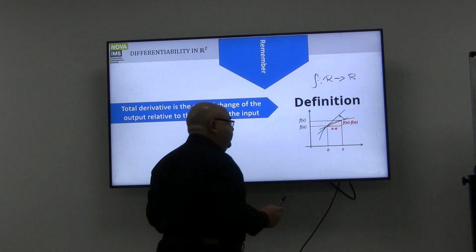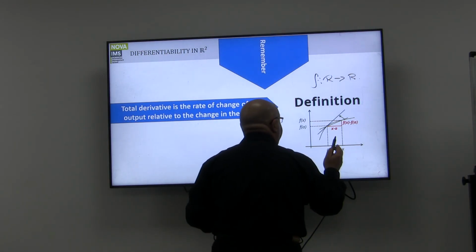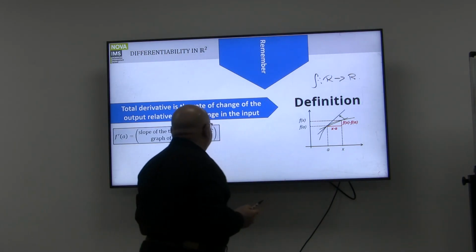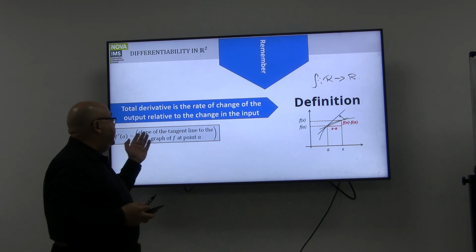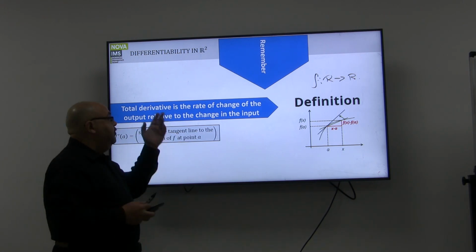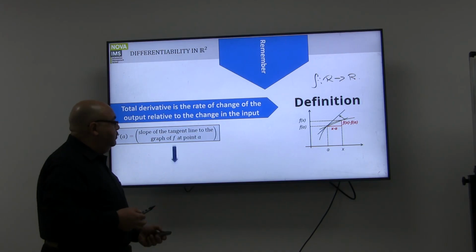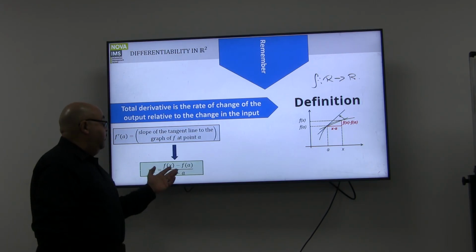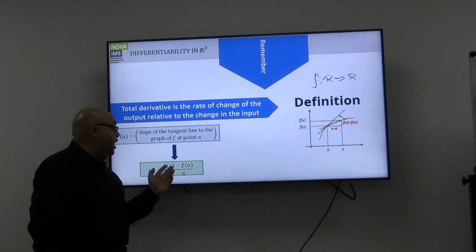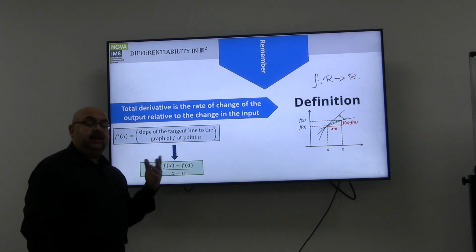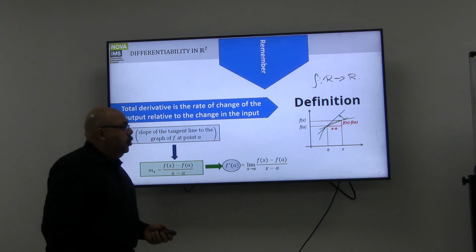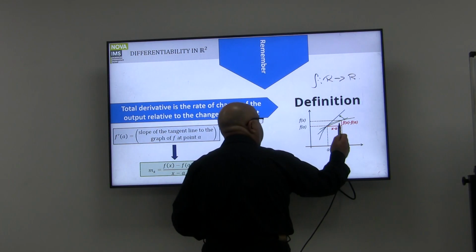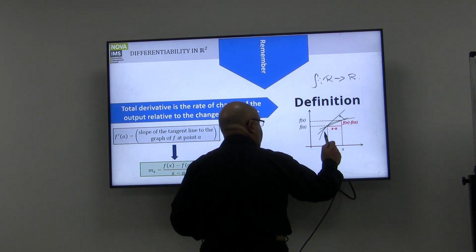As I told you previously, if I want to find the derivative, it can be defined as the slope of the tangent, or the rate of change of the output relative to the input. So the output change is f of x minus f of a, divided by x minus a, which is the derivative law that we already know, especially when x approaches a.